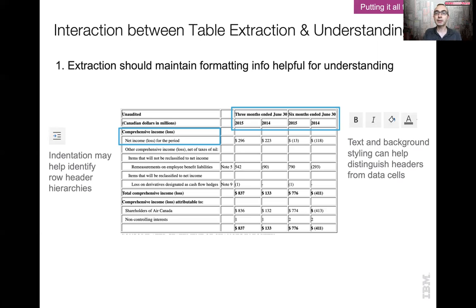So the first takeaway point is that table extraction developers should make sure that they maintain in the output of their system as much formatting information as possible if this formatting information could be used in table understanding tasks.